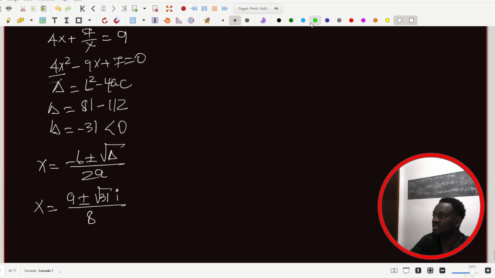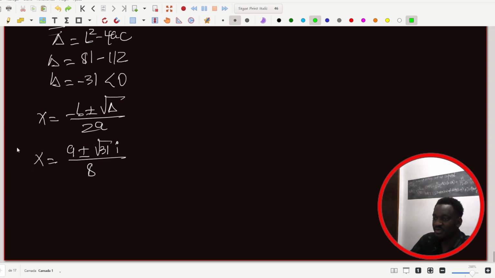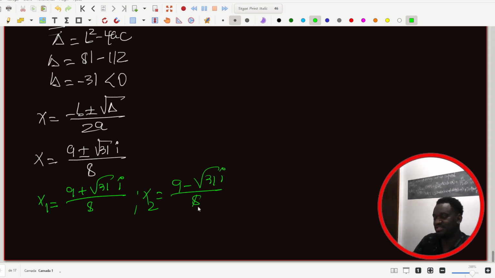Okay, guys, so we got this as our first pair of solutions. Let's write this properly. We can say that our x1 is equal to 9 plus square root of 31i divided by 8, and our x2 is equal to 9 minus square root of 31i divided by 8.